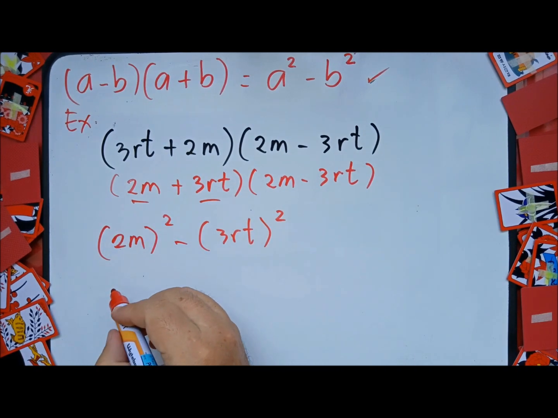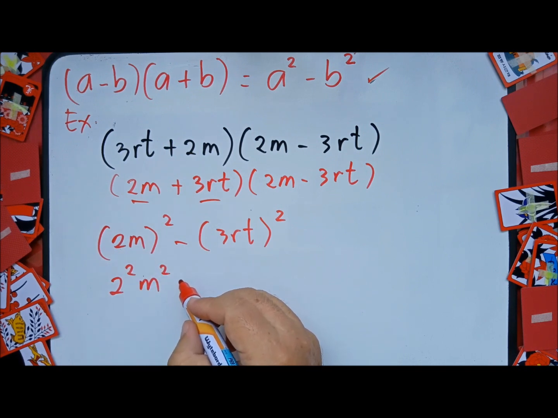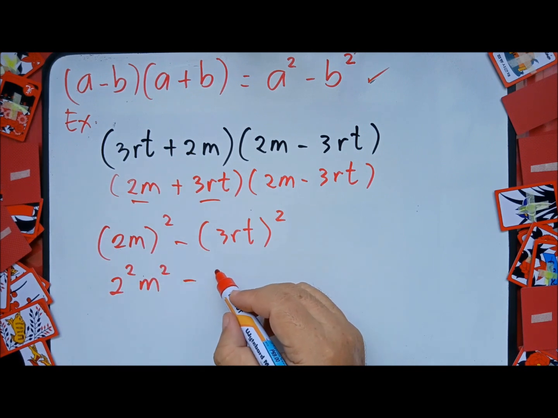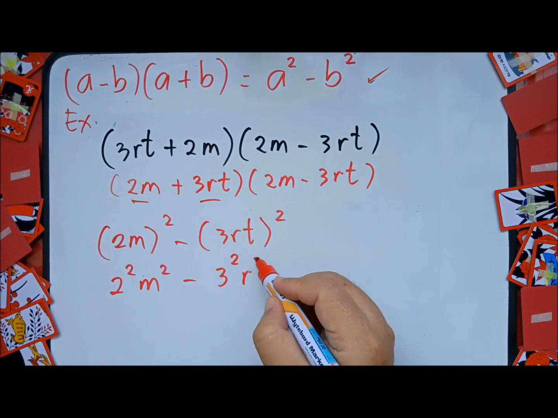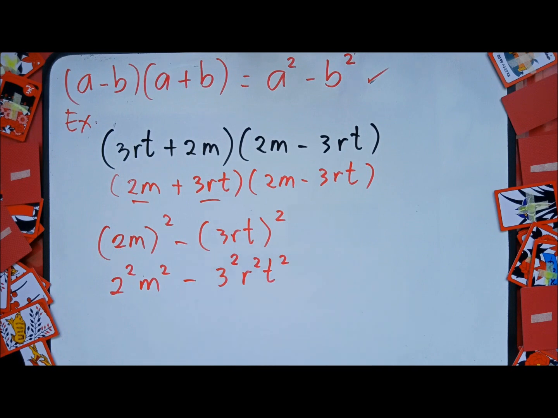Distribute, this will become what? 2 squared, m squared minus 3 squared, r squared, t squared. Then simplify. 2 squared is 4, m squared minus 3 squared is 3 times 3, 9, r squared, t squared. Final answer.